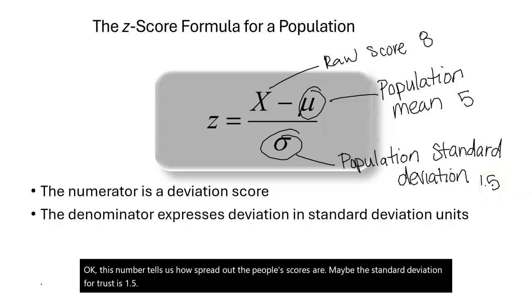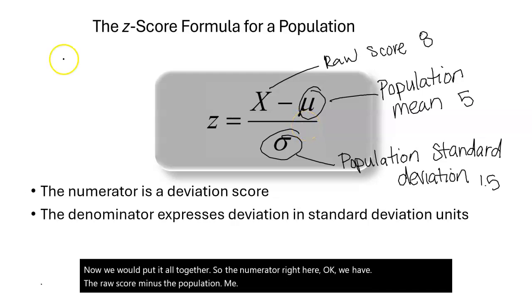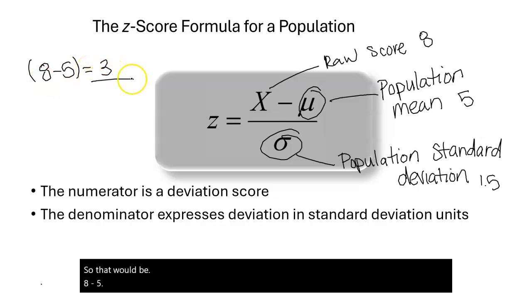Now we would put it all together. So the numerator right here, we have the raw score minus the population mean. So that would be 8 minus 5. So that would be 3.